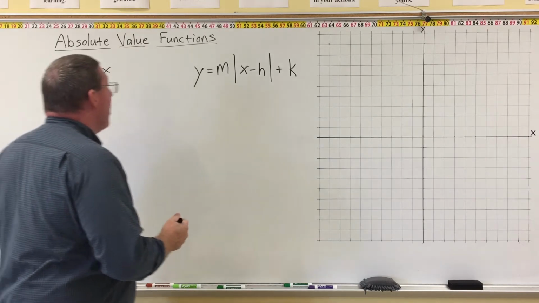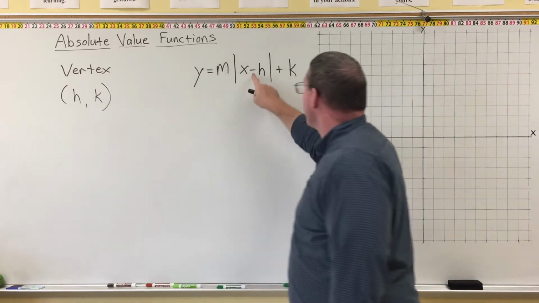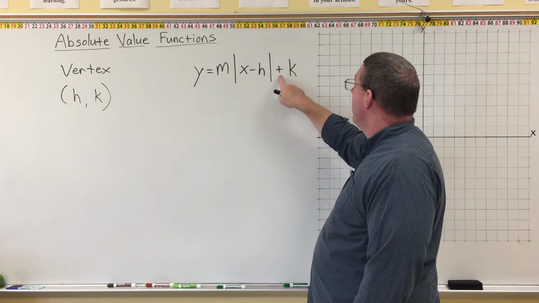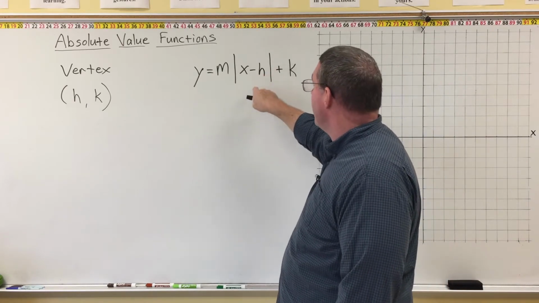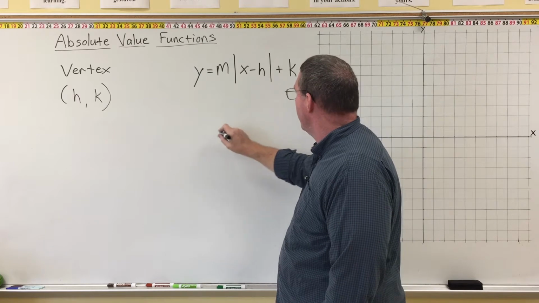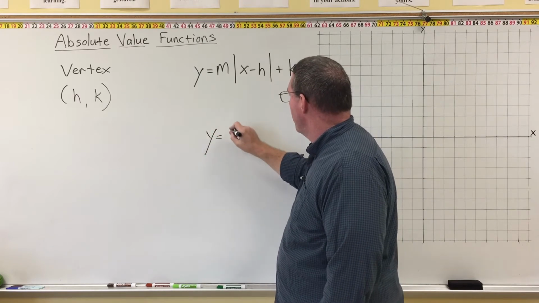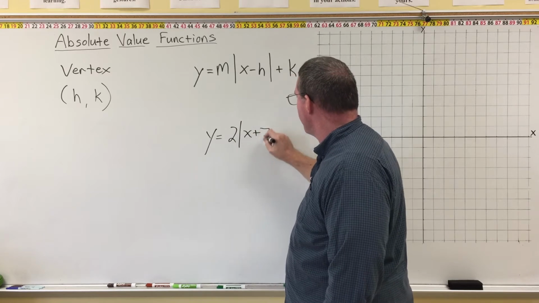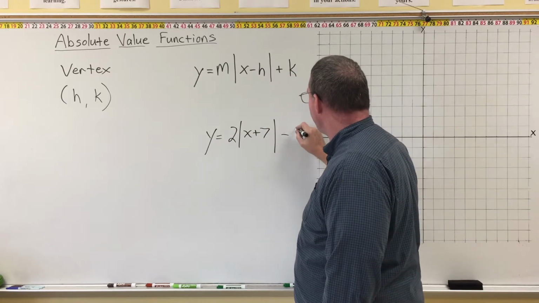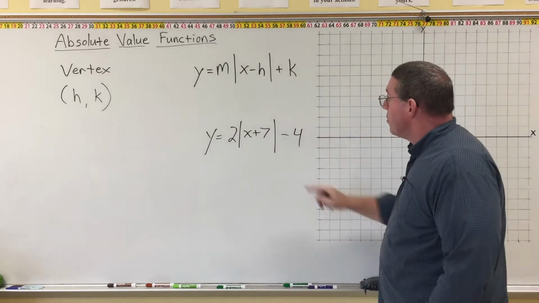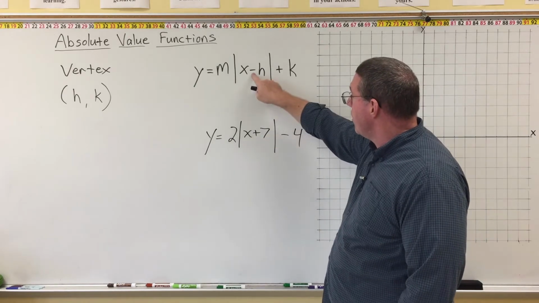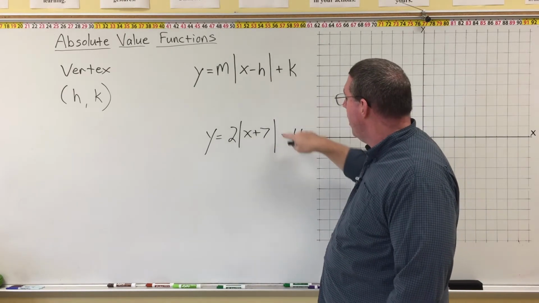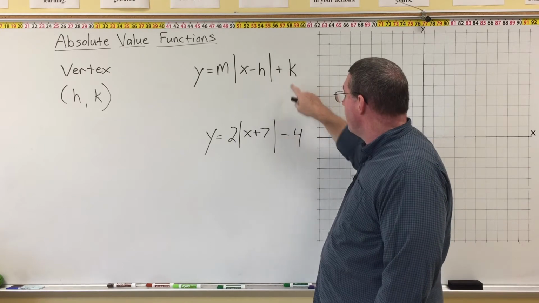All right? Now, it's important to understand that if the signs are different here, that means, for example, if you see something like y equals 2 times the absolute value of x plus 7 and then minus 4, okay? Do you see how this plus 7 is the opposite sign of the minus h, and this minus 4 is the opposite of the plus k?